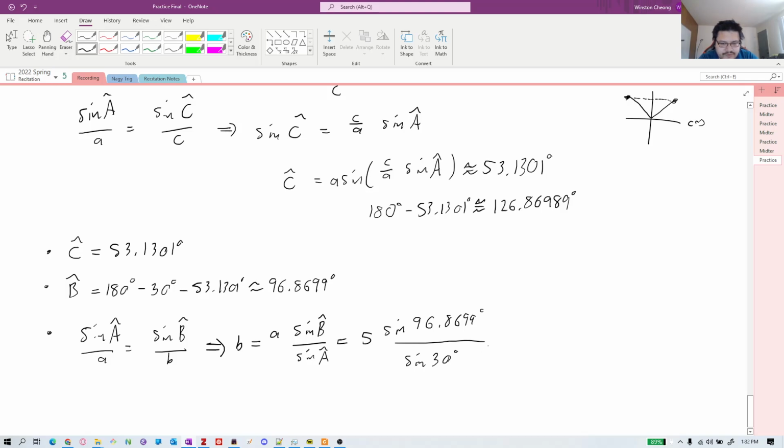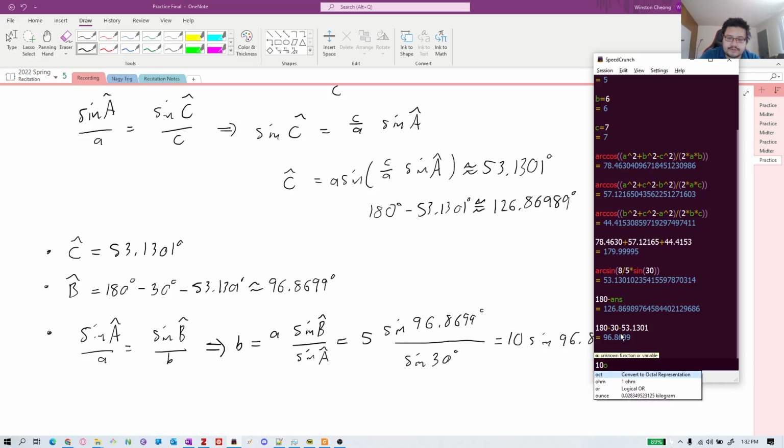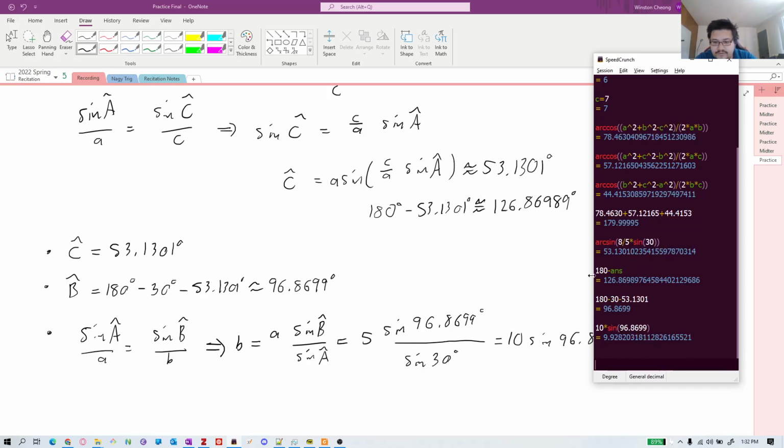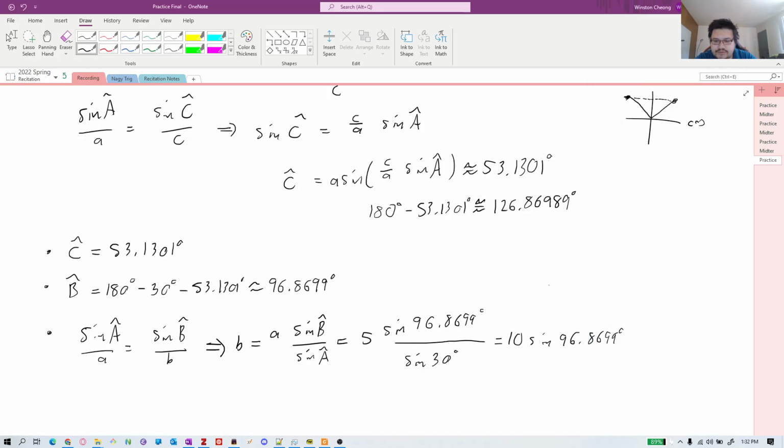Sine of 30 degrees is 1/2, so this is 10 times sine of 96.8699 degrees, which gives me a length of 9.9282. Okay, approximately 9.9282. I have copied that down correctly, good. And then the units are feet.